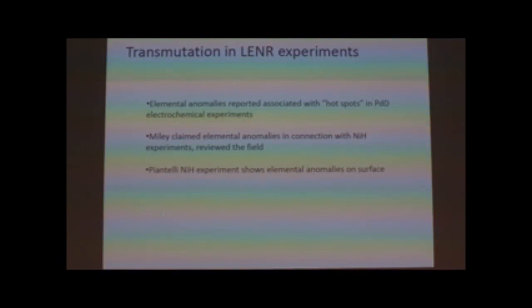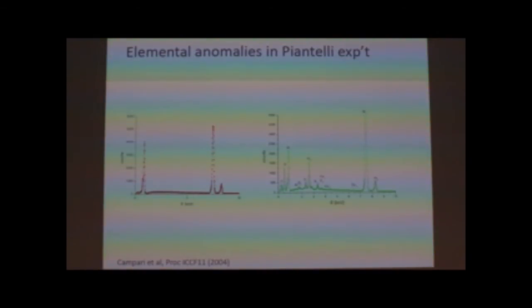If I were to be honest about this list, this would go on for 4 or 5 slides. Here's an example in a Piantelli experiment. It's hydrogen gas and a nickel bar, and the nickel beforehand looks like this, where here's the peak for nickel, the K alpha, the L of nickel, and then after they run and produce excess heat for a while, then on the surface they get nickel and calcium, potassium, chlorine.